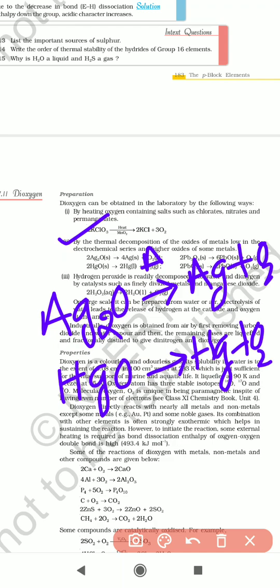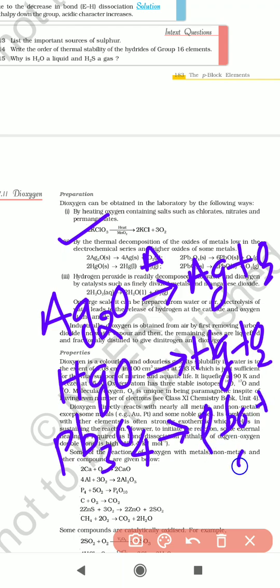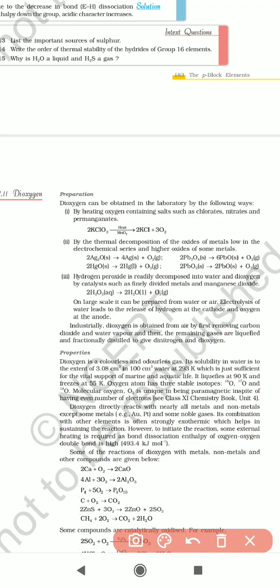Same like lead oxide Pb3O4. If heat energy is applied to Pb3O4, PbO is formed plus oxygen gas is liberated. Further heating dissociates PbO into metal plus oxygen gas.